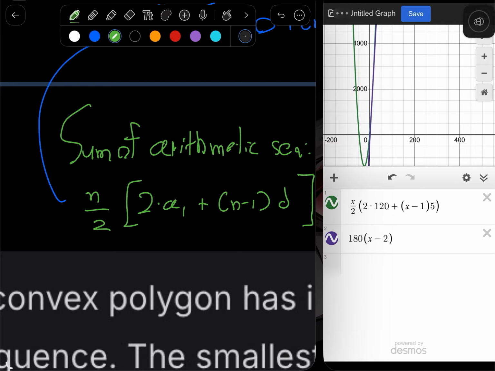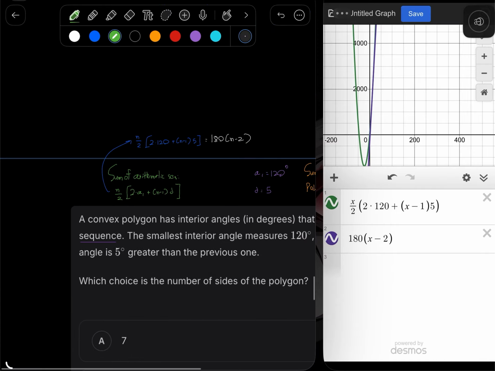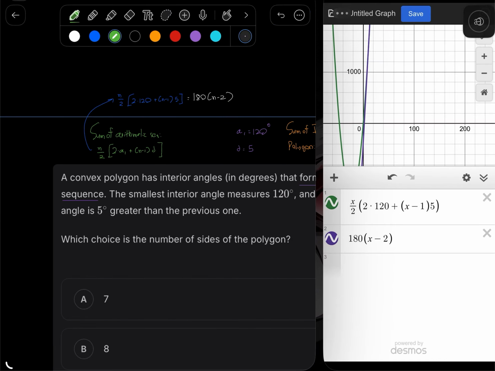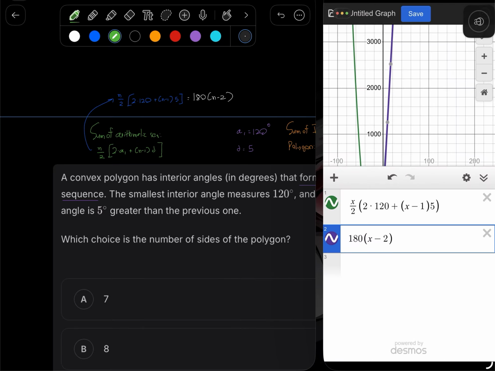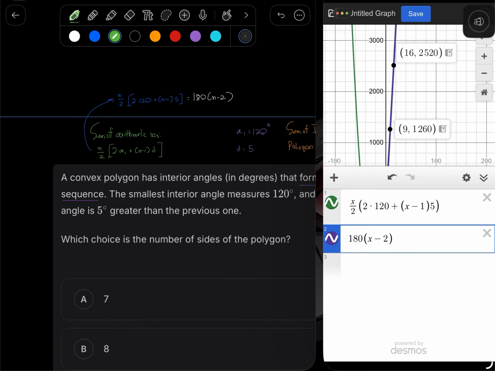So you set those equal, and if you graph these two in decimals, you'll see that they intersect at two locations: x equals 16 and x equals 9.